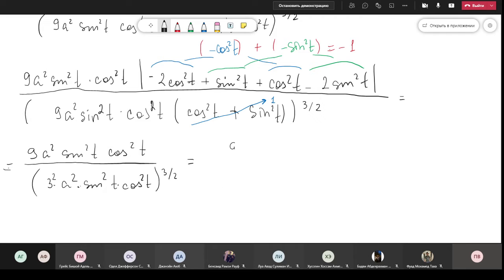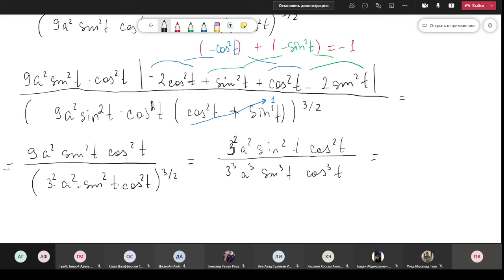And I rewrite our numerator. And in our denominator, we have 3 cubed, a cubed, sine cubed, cosine cubed. Don't forget the argument of sine and cosine. 9 is 3 squared.